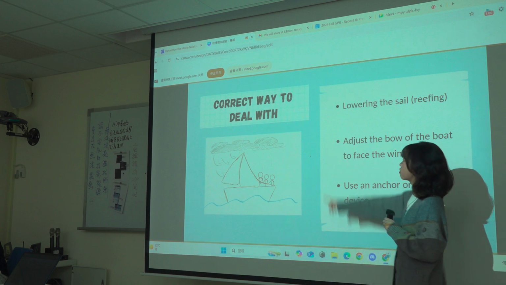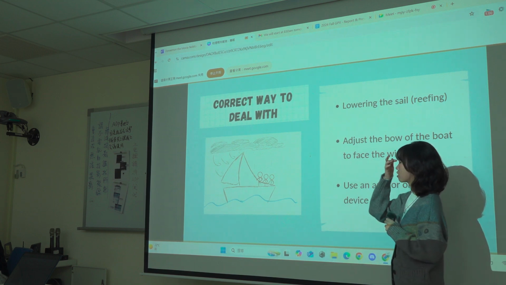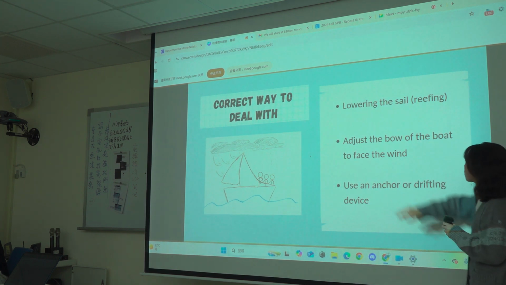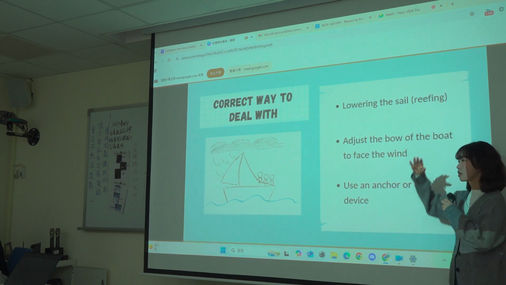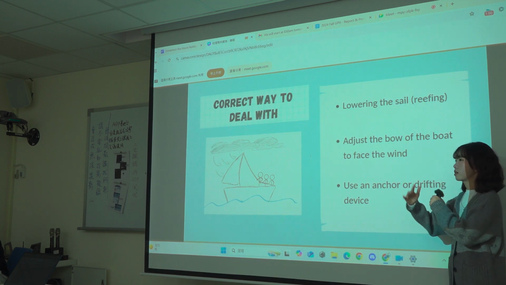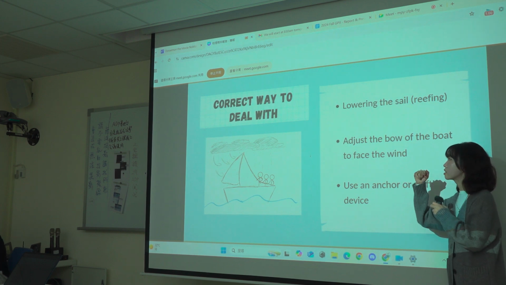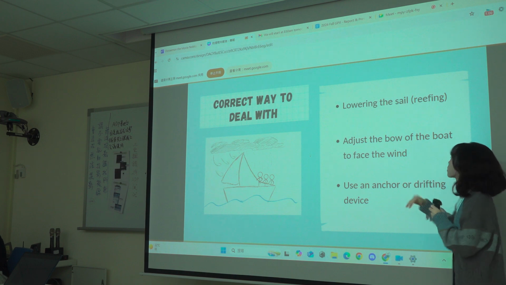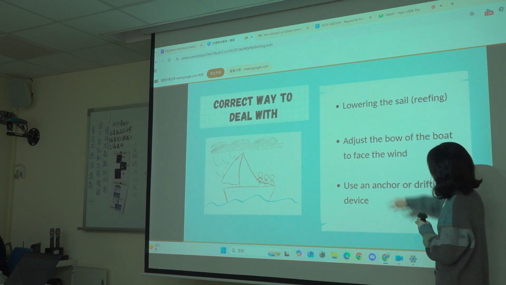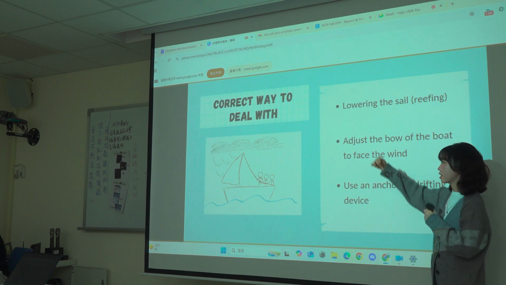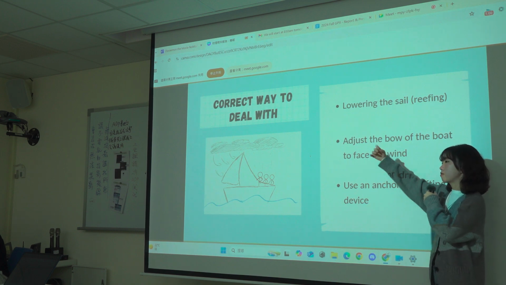So the correct way to deal with this phenomenon is lowering the sail, just lowering the sail's area, so that the wind force will decrease. The second is to turn the bow of the boat to face the wind, so it works against the wind force.